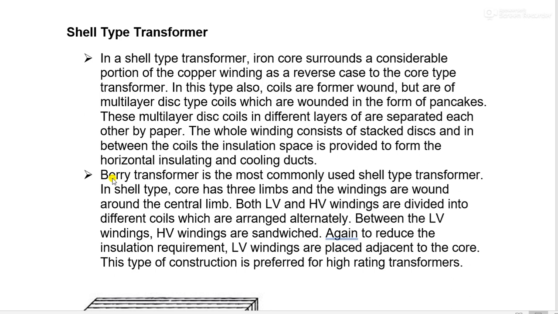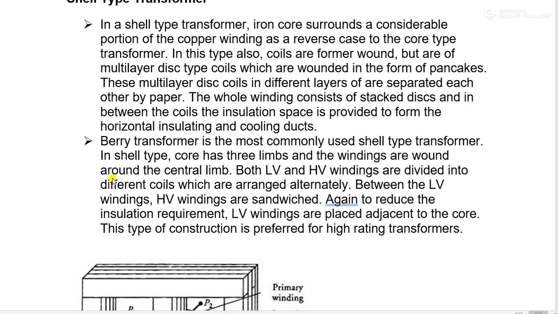The windings are normally sandwiched between, placed on the central part of the limb. The high voltage and low voltage coils are wound in the form of pancakes, and they are interleaved. The top and bottom coils, which are near the yoke of the core, are low voltage winding only.